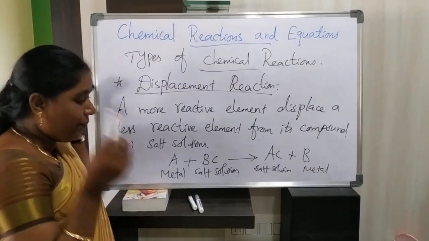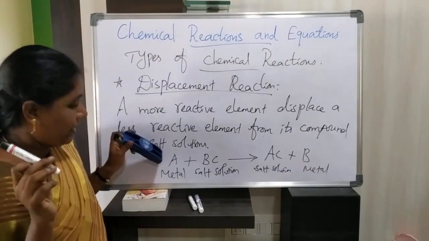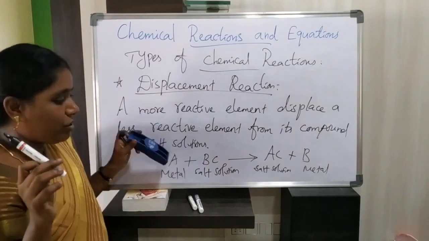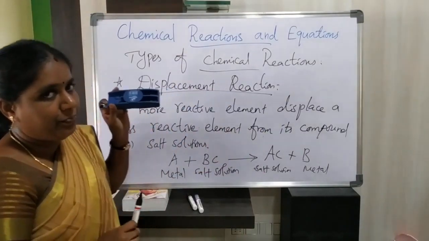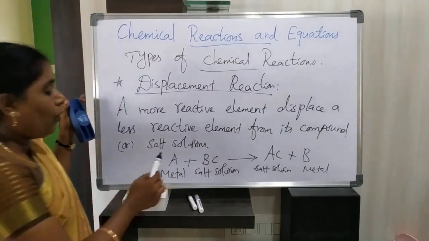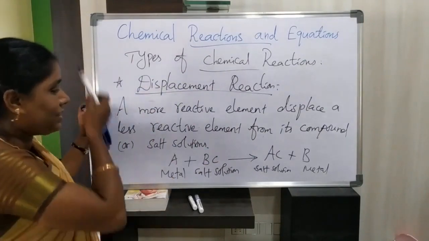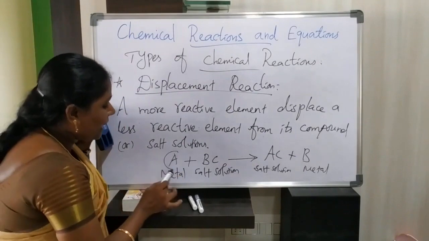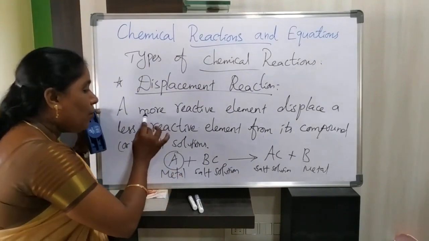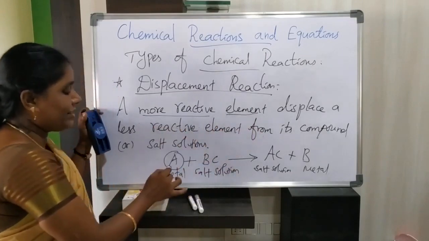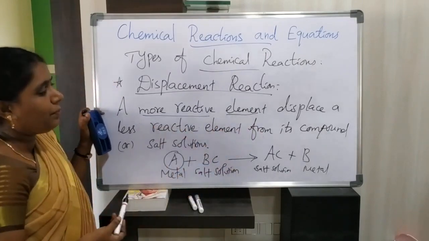A is considered as a metal and BC is a salt solution. Both combine to form AC and B. Here A is a metal, one element. Here A is a more reactive element.